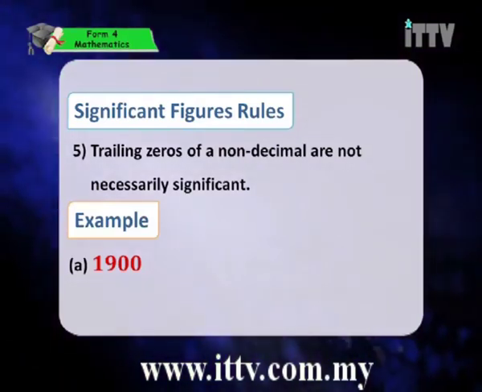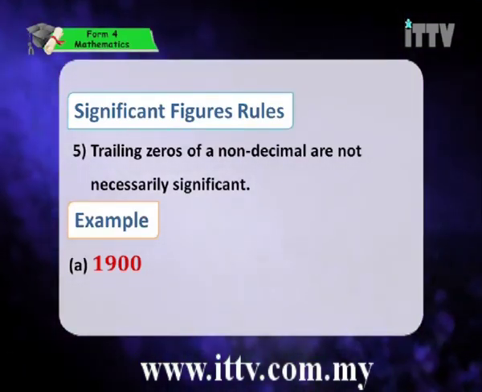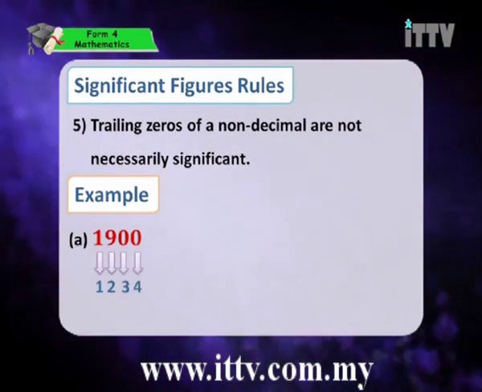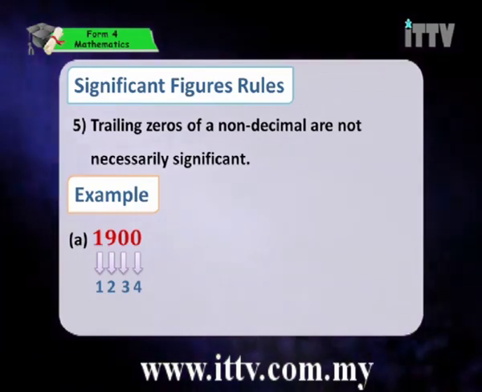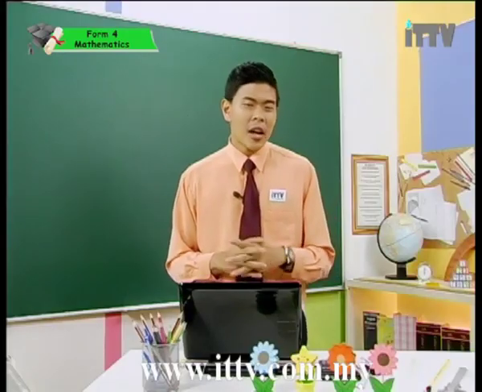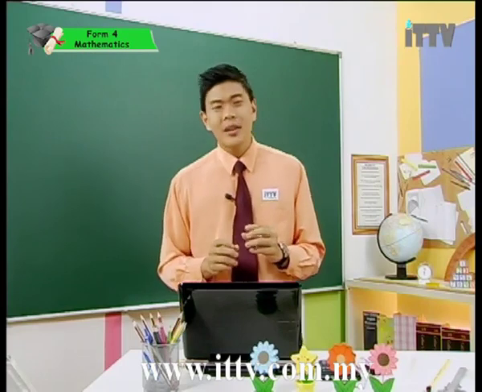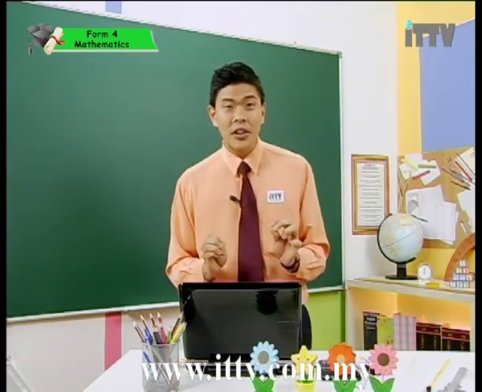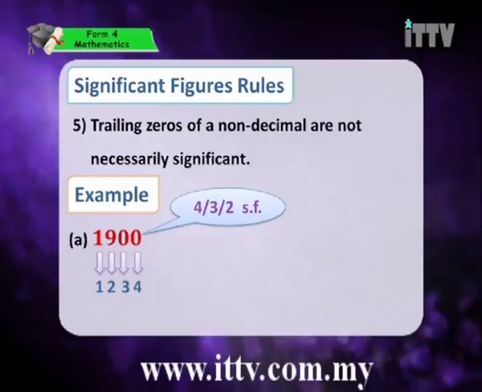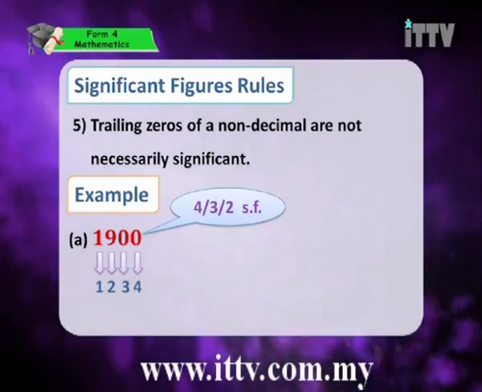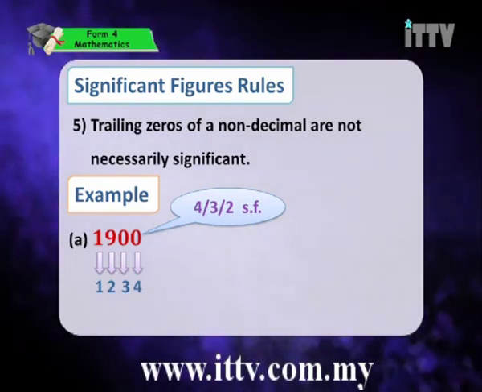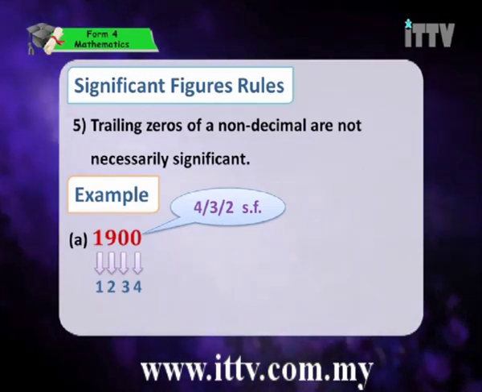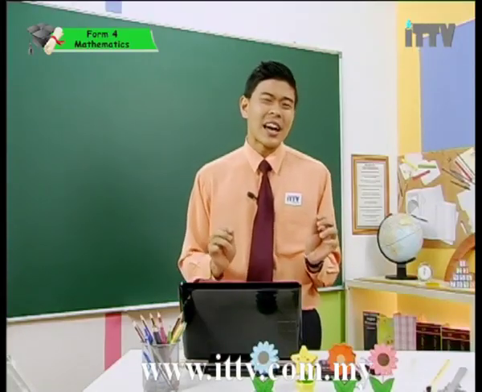In A, in the number 1900, there are 4 digits, right? All 4 of them can be significant figures. But at the same time, the 2 zeros might not also be considered significant figures. So this number can be 4 significant figures, or 3 significant figures, or 2 significant figures, because the zeros are not certain.